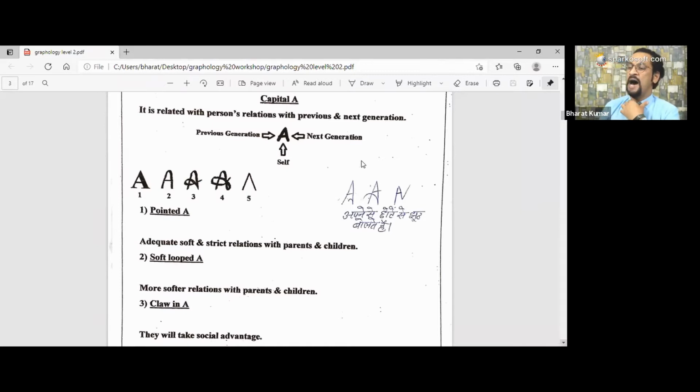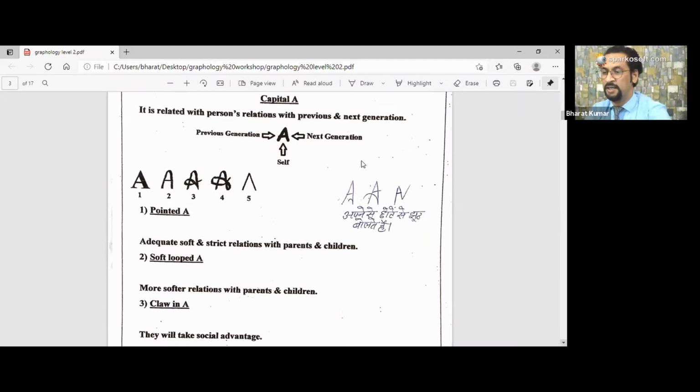So if you have children and you have parents and grandparents, what are your relations with your parents? What are your relations with your children? That trait is observed with the help of capital A. So capital A is very important.